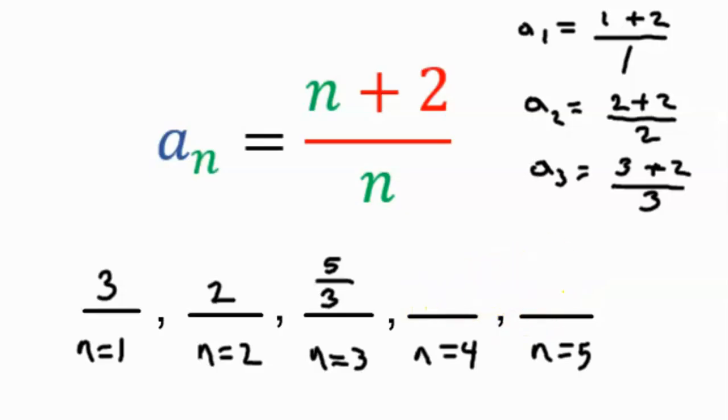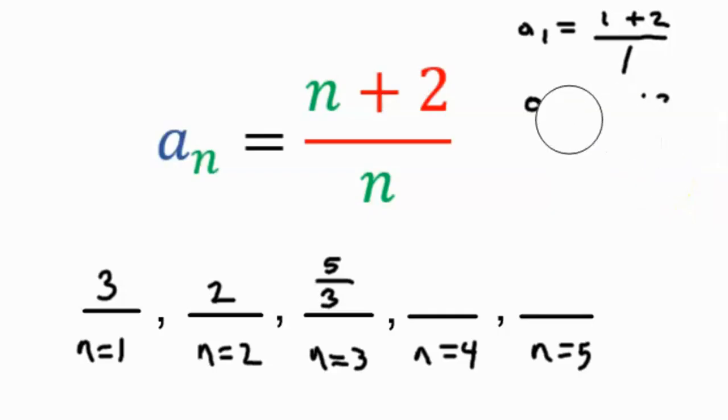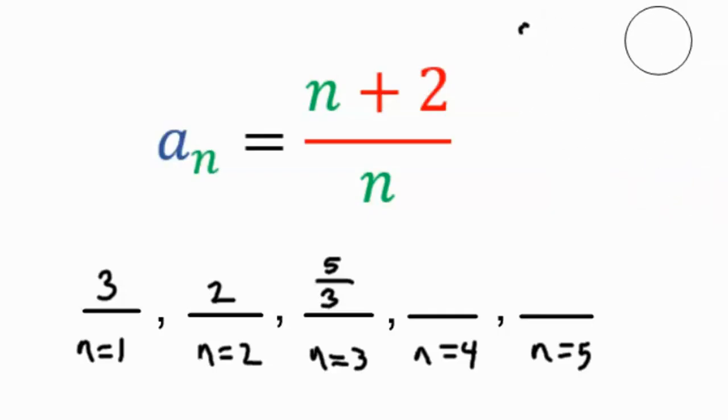Now for these two, n is 4. Let me just erase this here for a second. All right, so we know that n is 4 right here, so we're going to substitute 4 for all the n values. So a sub 4 is equal to 4 plus 2 over our n value, which is not 2.